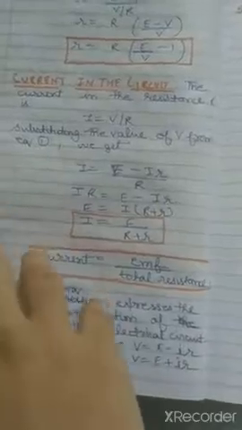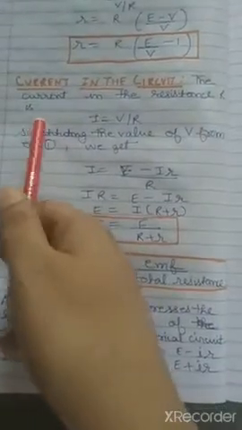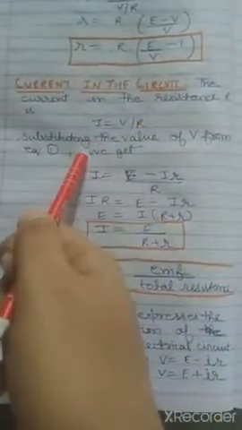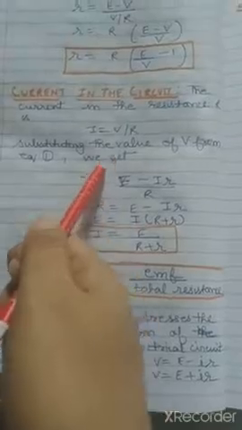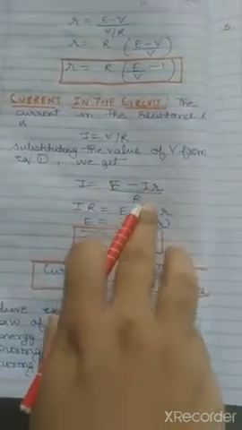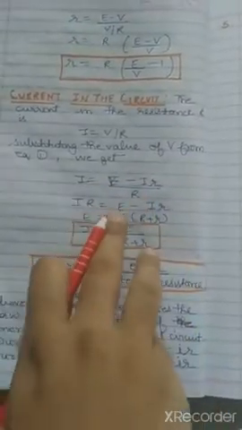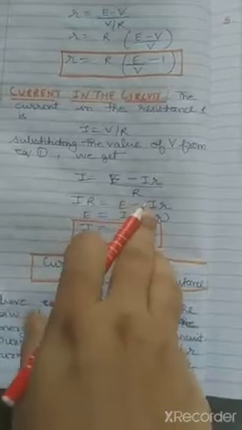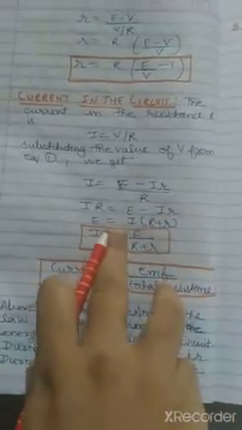Now what will be the value of current flowing in the circuit? If the current in the external resistance R is I, then I will become equal to V by R. Now again substituting this value in equation 1, we get I R is equal to E minus I r.